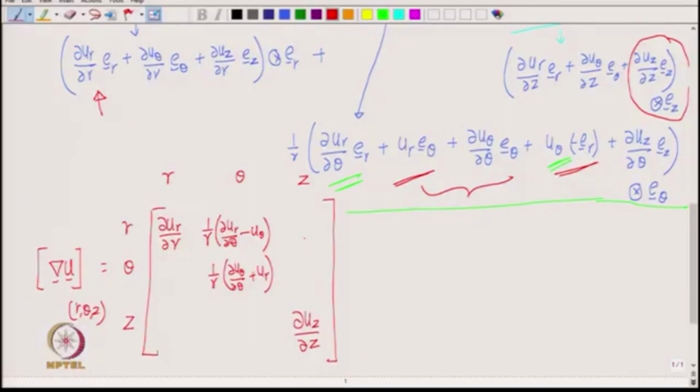So, what would be E r tensor product E z? So, that is over here. So, this comes here del u r by del z. What is E theta tensor product E r? That is right here. So, this becomes del u theta over del r. What is E theta tensor product E z? That is over here.